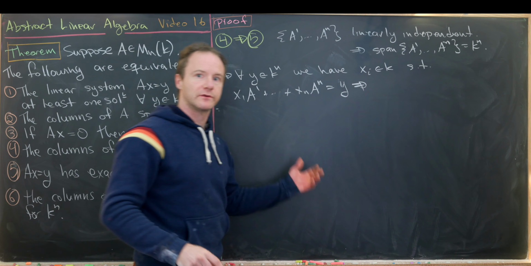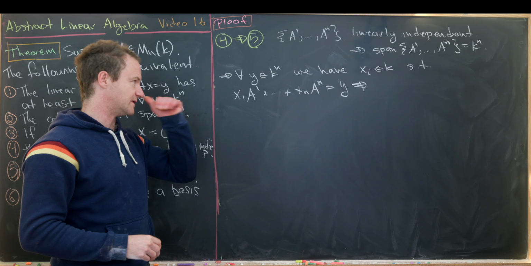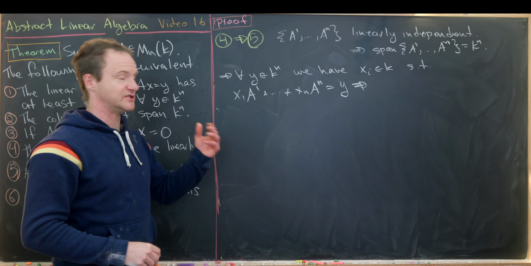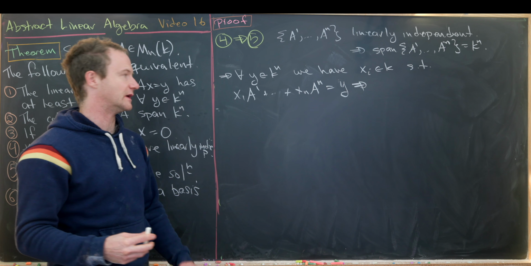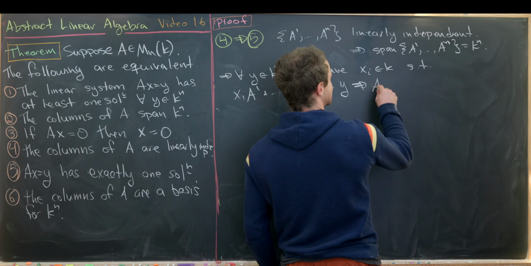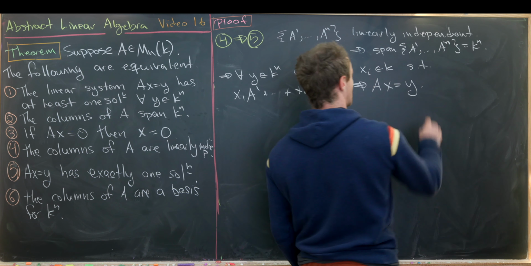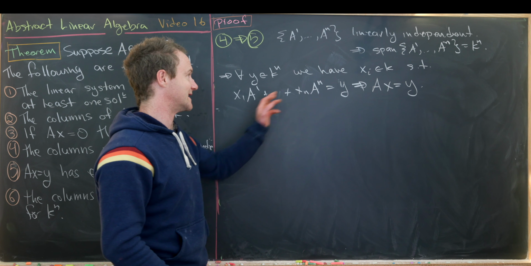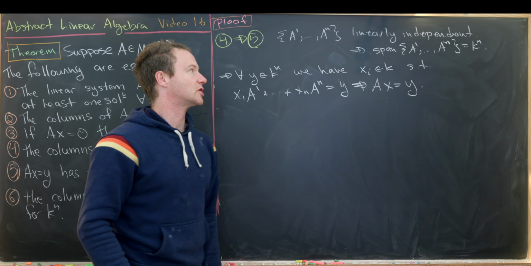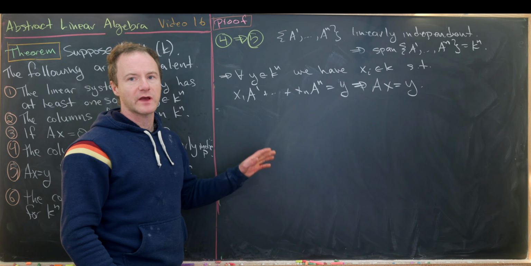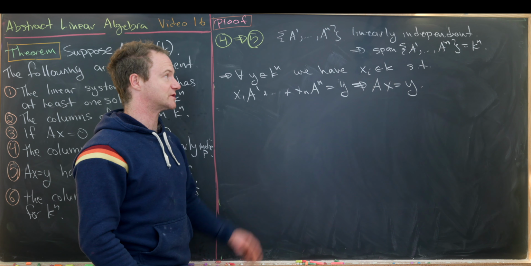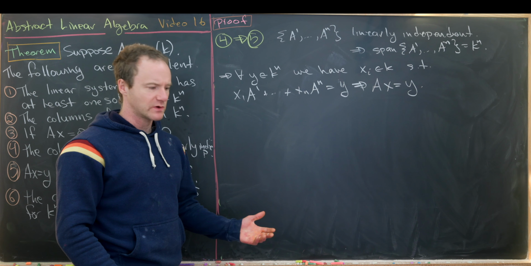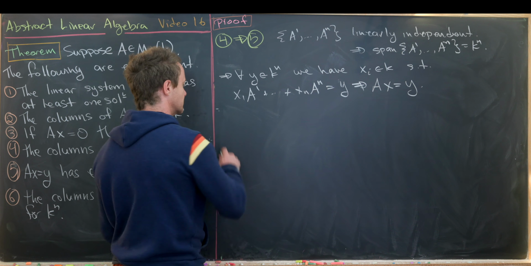But again, we're going to do the same thing we've been doing and rewrite this vector sum equation into a matrix vector equation. So that means that A times x equals y, and we found a solution to Ax equals y. It's these numbers right here that go along with the spanning. So that tells us that we have at least one solution. Now we want to show that there is exactly one solution.